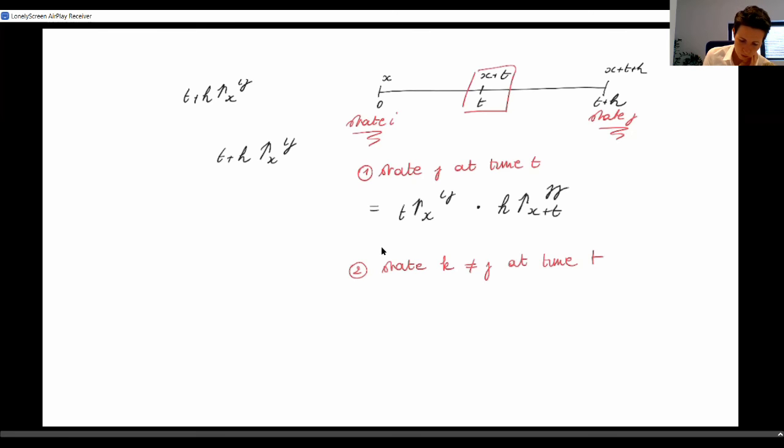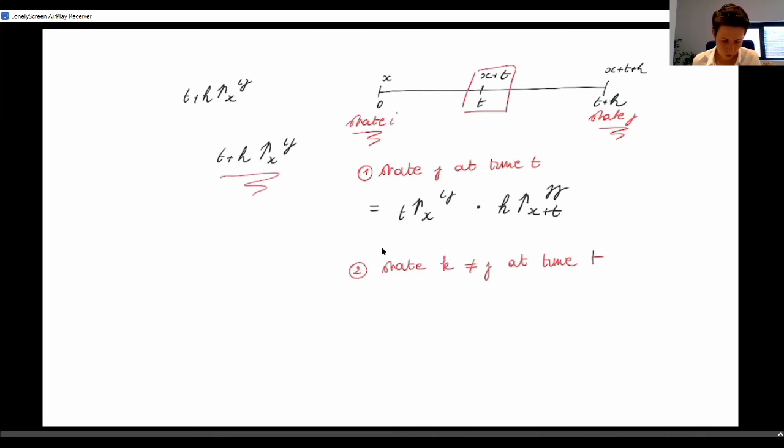So if I start with looking at this transition probability, and I say, well, in state j at time t, you occupy state j, then the path that you take from i to j is going to happen with this probability, because it means that you then need to make a transition from i to j in the time interval from 0 to t. And then given that you are in state j at age x+t, you should again be in state j at time x+t+h. Now, so that's my first possible trajectory, if you want.